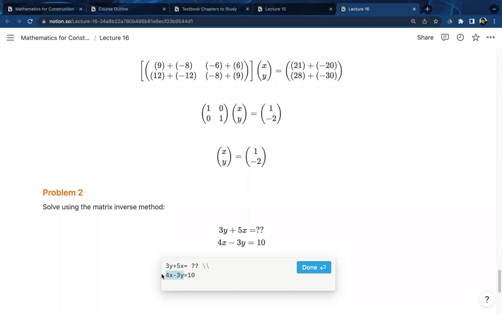And down here, okay, I should say plus something equals 0. 4y minus 3x plus something equals 0.